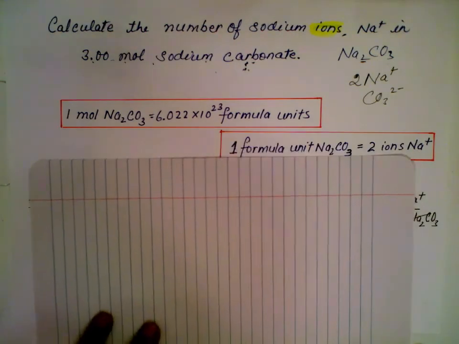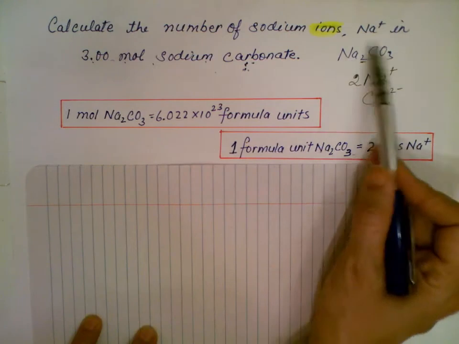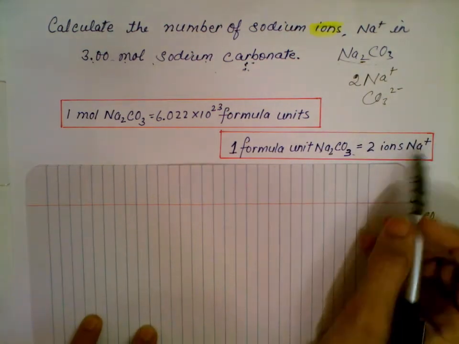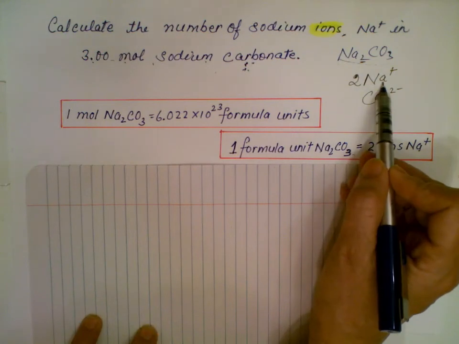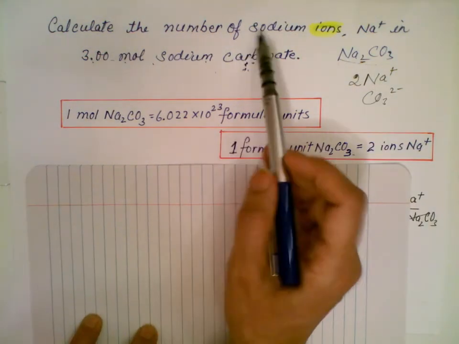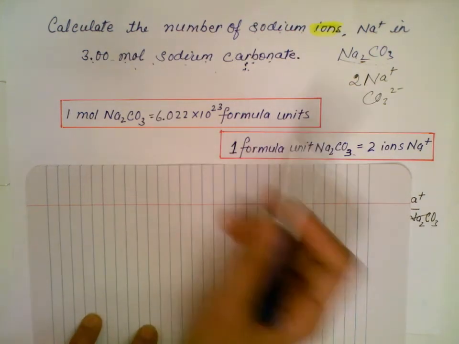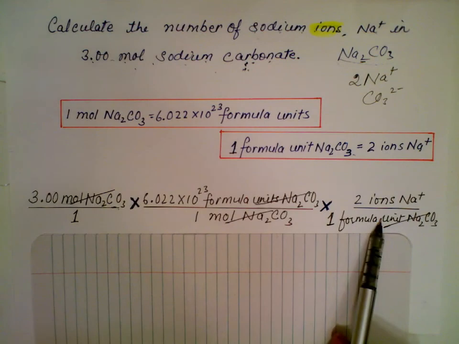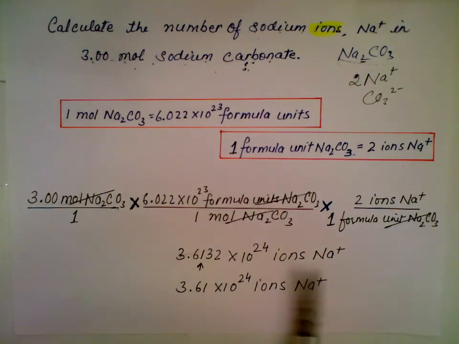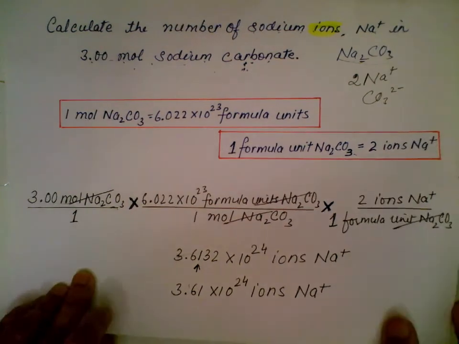So here, in 1 formula unit of sodium carbonate, how many ions of sodium are there? You have 2 ions of sodium, right? And that's what the question is asking. The question is asking, calculate the number of sodium ions in 3 moles of sodium carbonate. So you will have an extra step at the end. Okay, and then you solve it all the way down to the correct significant figures.